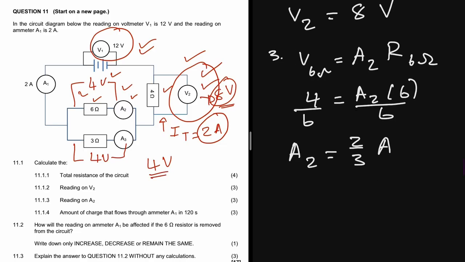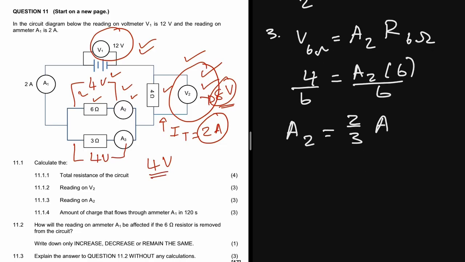So the question that follows, it says calculate the amount of charge that flows through ammeter 1 in 120 seconds. So this is ammeter 1 here. We know that ammeter 1 has 2 amps. So if they want the amount of charge that flows through that ammeter, we know the current is how fast the charge is flowing. So it's given by this following equation.